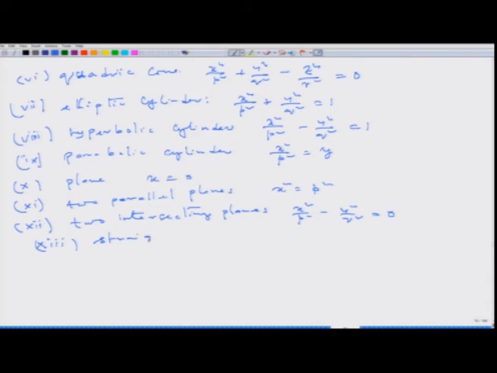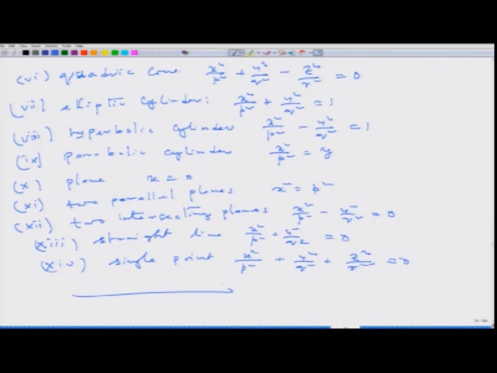In this case this is no longer a surface, and finally a single point. These are all 14, only 14 exclusive possibilities for a quadric surface up to rigid motion.